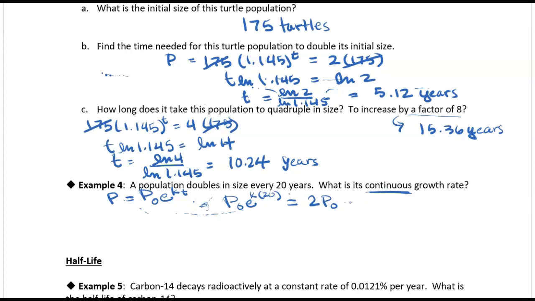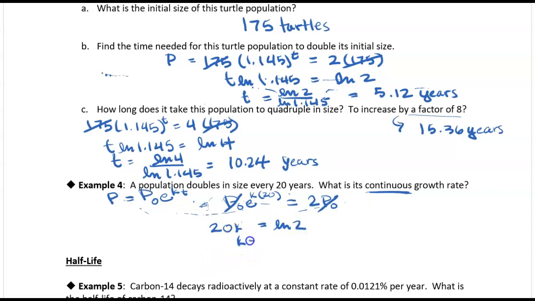We could set it up like that. Then you can see that the initial populations will cancel. If I take the natural log of both sides, I'm going to get 20k equals the natural log of 2.